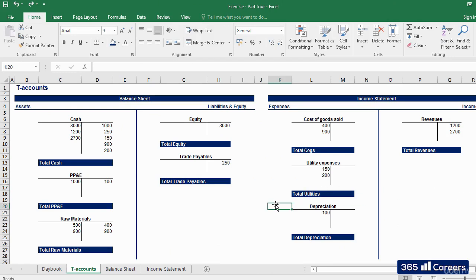Let's draw a line below each of the accounts and calculate the sum of its left and right columns.